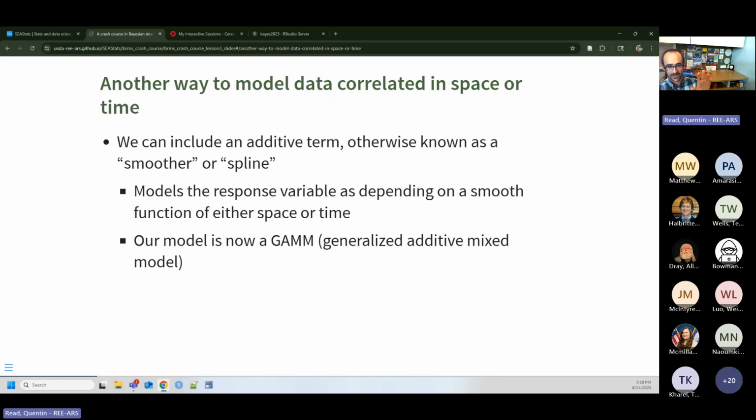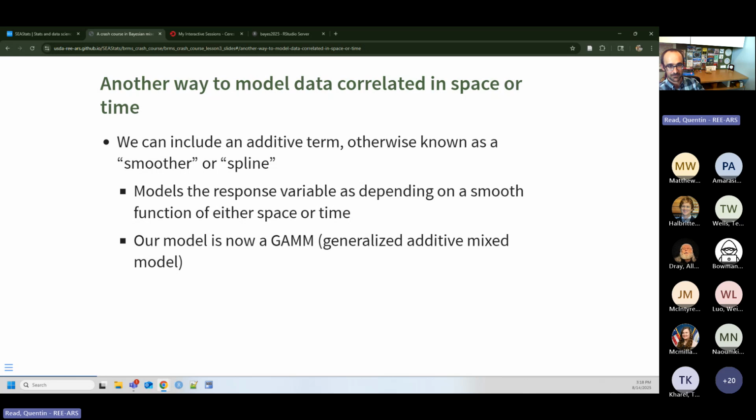The other way: we can either model everything and then model the residuals as being correlated, or we can include the space and time effect in our model itself. Instead of modeling it in the residuals, we include the term in the model. You may have heard this called a smoother, or a spline.